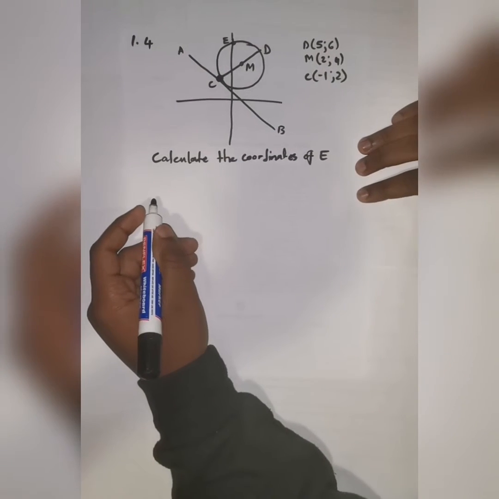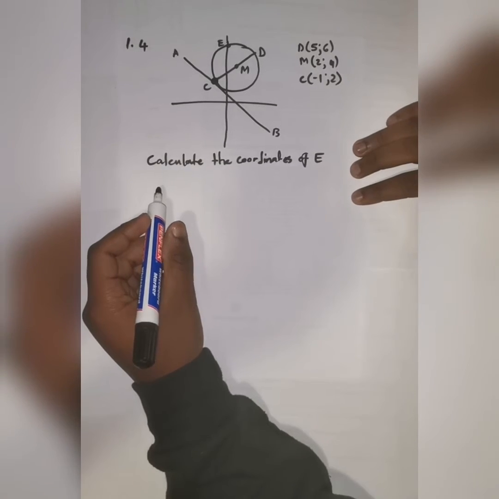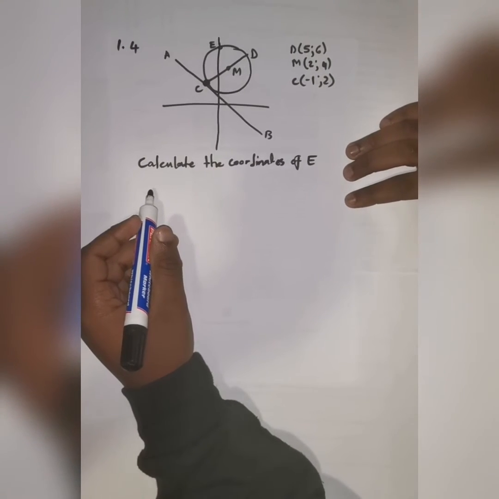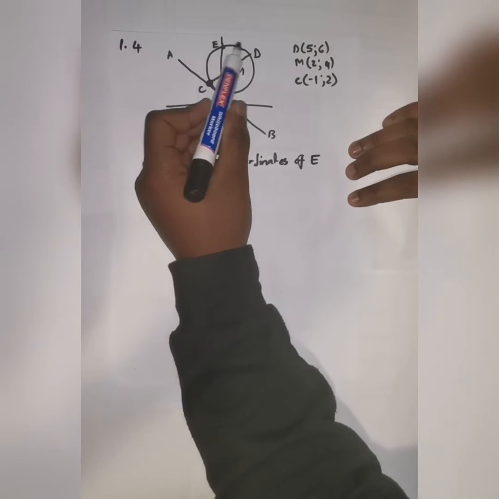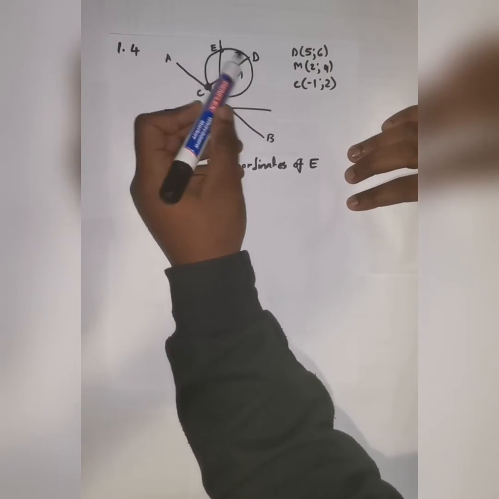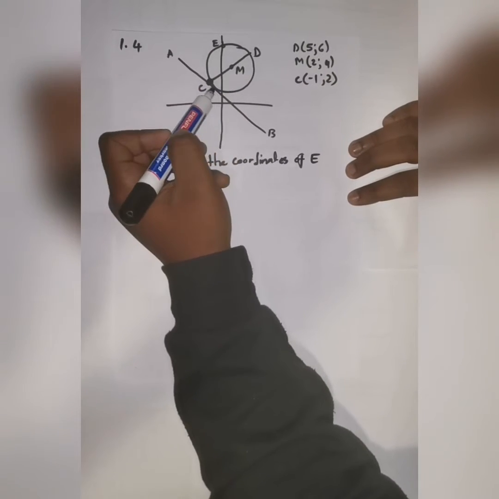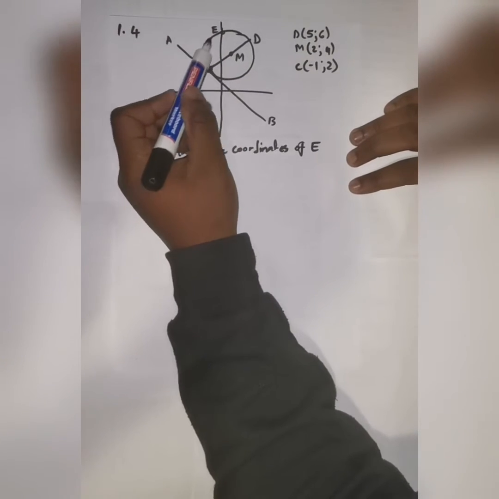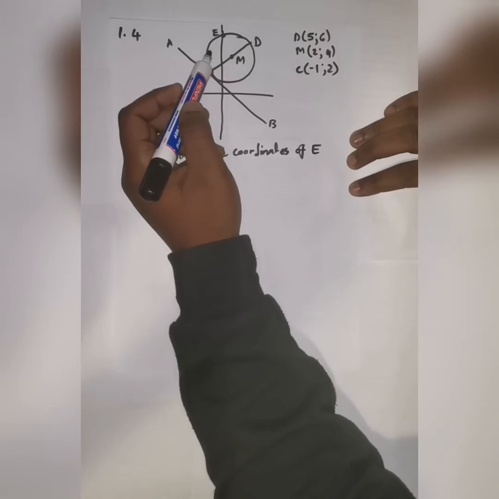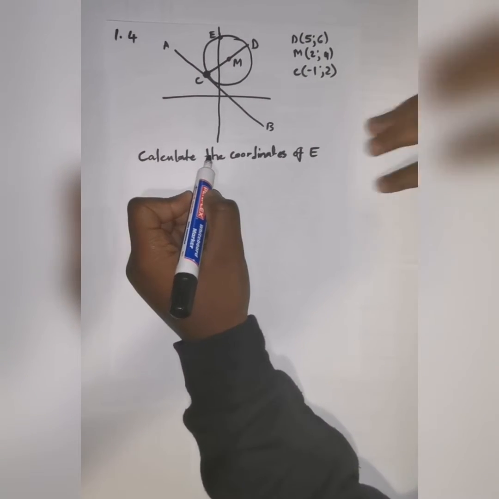So our fourth question asks us to calculate the coordinate of E. Remember, in the first question we were asked to determine the equation of a circle. The equation of a circle represents the entire circle, so any point on the circle you can determine using that equation. Using the equation of a circle, we need at least 1 point.